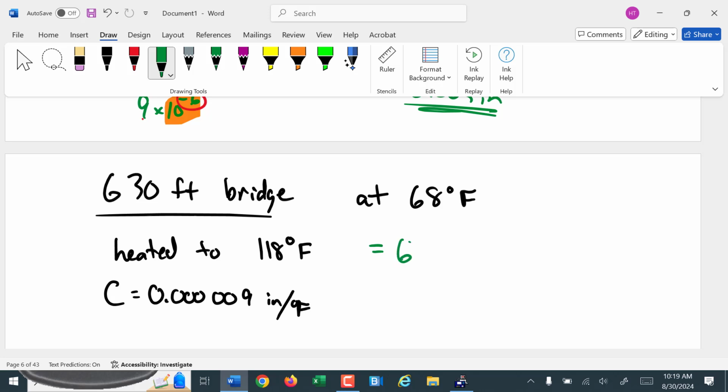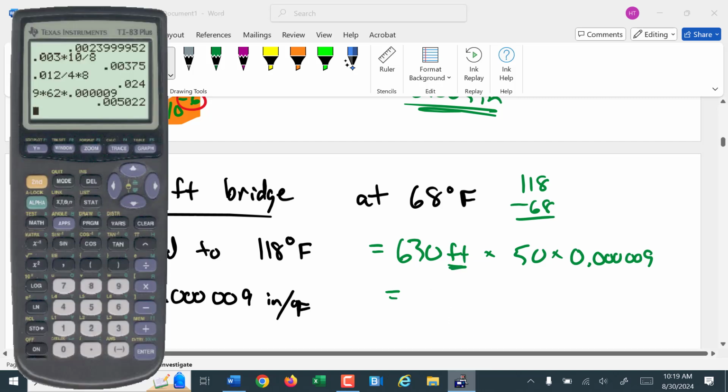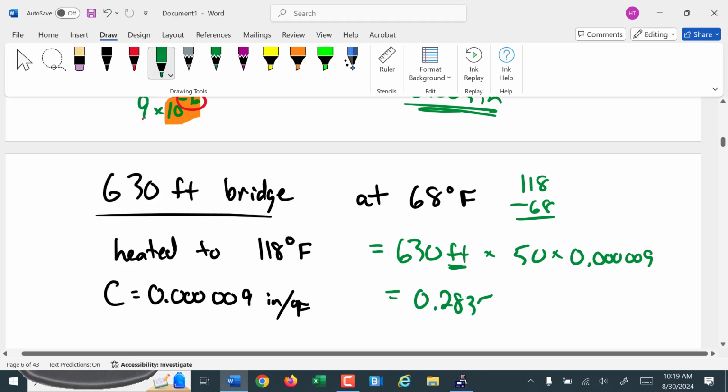We're still using the 0.000009 as our thermal coefficient. So our expansion, we can just use feet here: 630 feet times 118 minus 68, which gives us 50 degrees, times 0.000009. Since this was in feet, our answer is going to be in feet.